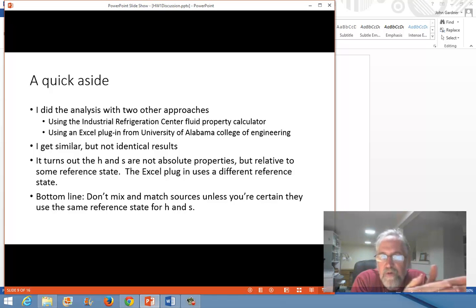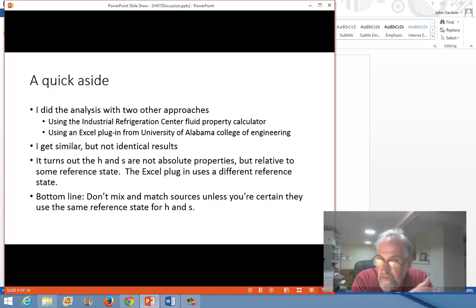It's also important to realize that enthalpy and entropy are not absolute properties, and by that I mean they're not referenced to an absolute zero. They're referenced to an assumed zero state, and not all sources of thermodynamic properties use the same reference state for those properties. Indeed, the Excel plugin I used gave me enthalpies that were about 60 BTUs per pound mass bigger consistently.